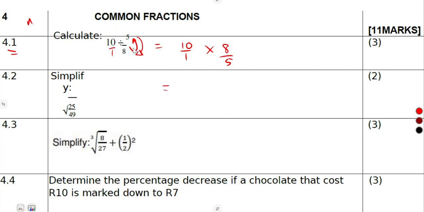Simply swap the numbers. 5 into 5, that's 1. Into 10, that's 2. So you can multiply 2 times 8, which is 16, over 1, which is same as what? 16. Or you can just multiply the numbers direct. 10 times 8, that's 80. Over 1 times 5, that's 5. And 5 into 80, simply divide by 5, that's a 16.